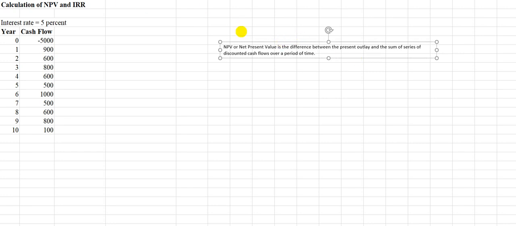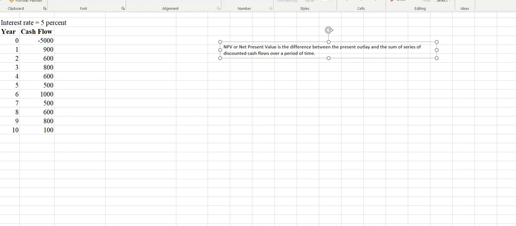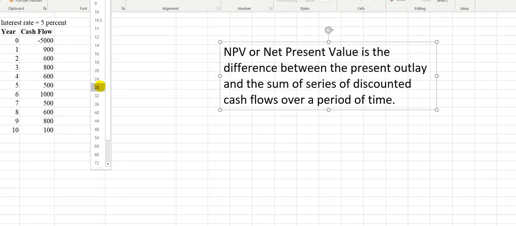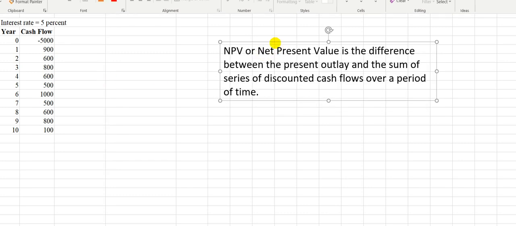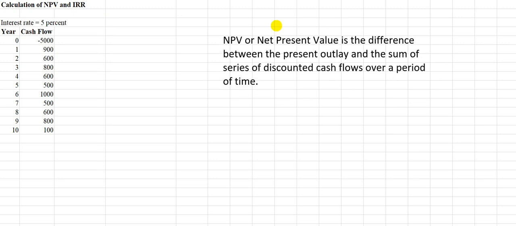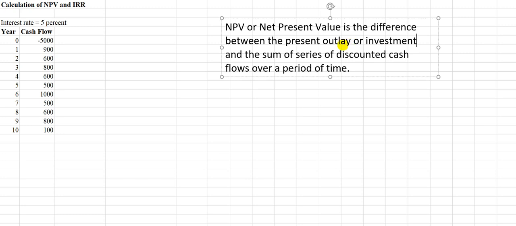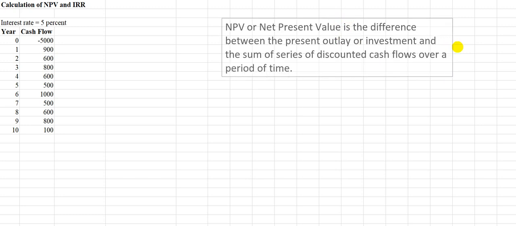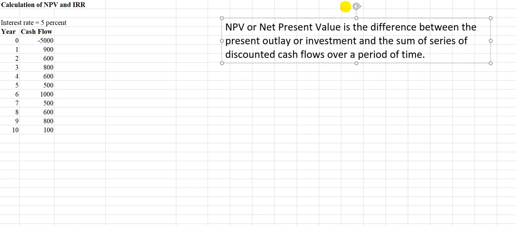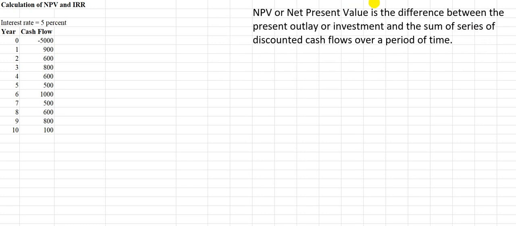Let's make it a bit bigger. So NPV or net present value is the difference between the present outlay or investment and the sum of series of discounted cash flows over a period of time. This is the meaning of NPV.